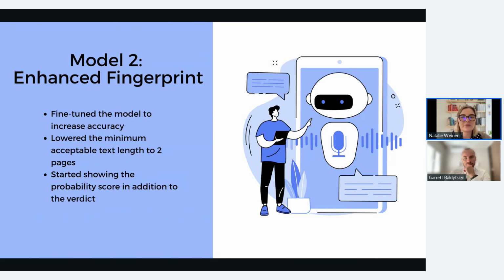Also, we lowered the minimum threshold for acceptable text length, and we incorporated the probability score into the similarity report. Now you could see not only the verdict, like likely human or likely AI, but also how sure the system was of it. So it could be 60% probability or higher or lower, and so on.